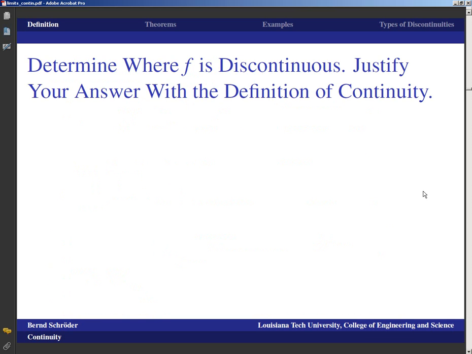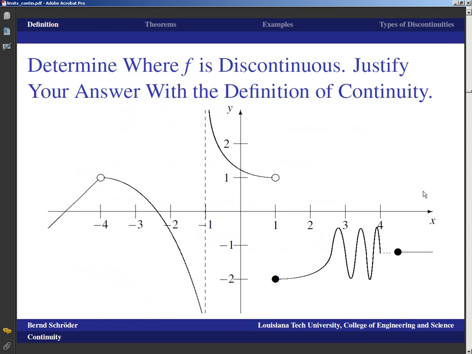Okay, so let's take a look at the following example, and we want to determine where the function is continuous, and we want to justify the answer with the definition of continuity. Well, let's see what goes wrong here. The function is not defined, right? Okay, and that's right, f of -4 is not defined. Then here, the limit does not exist. The limit as x goes to -1 of f of x does not exist.